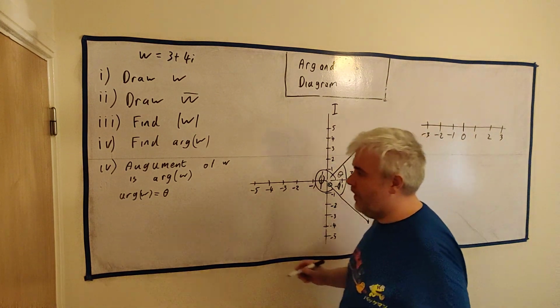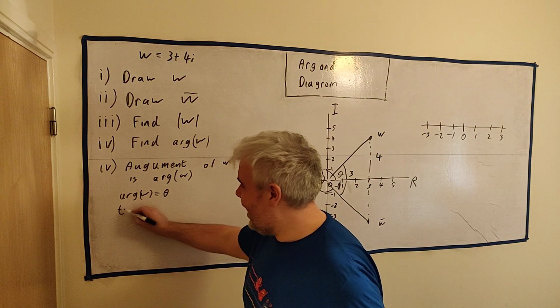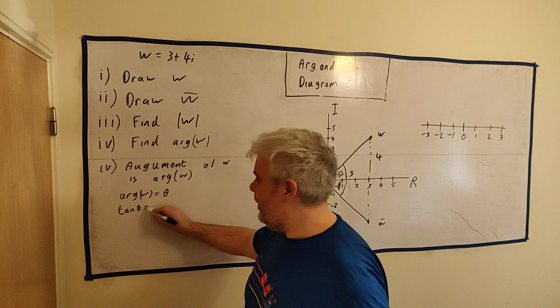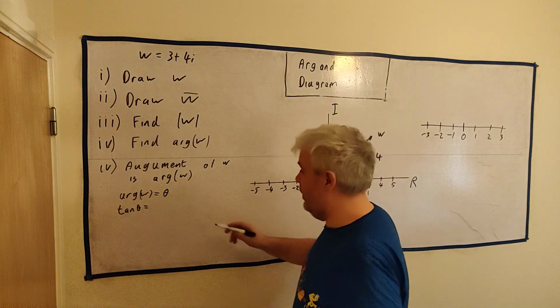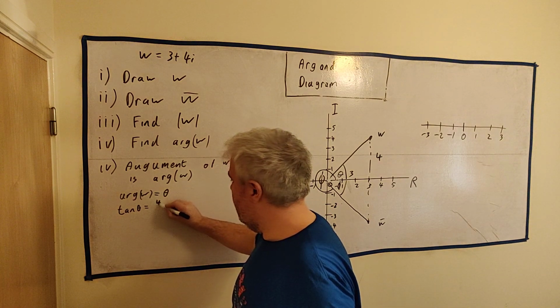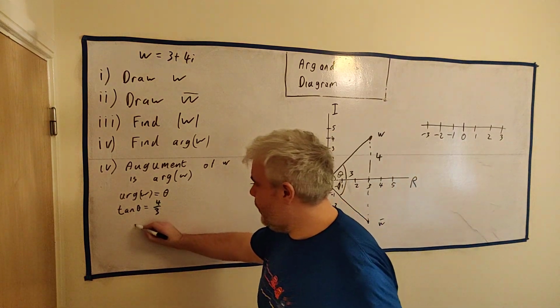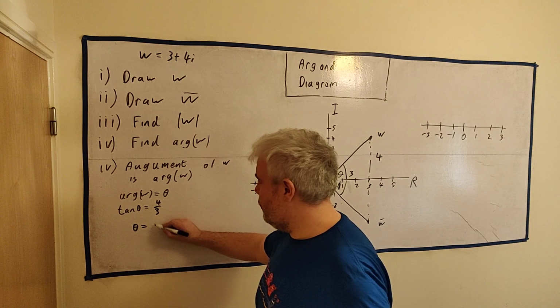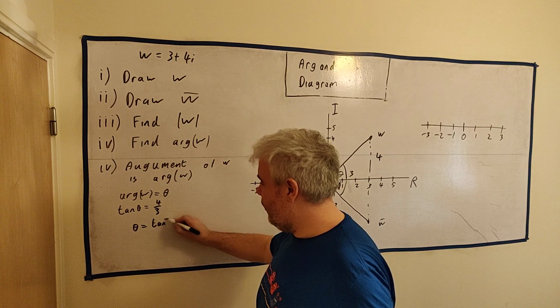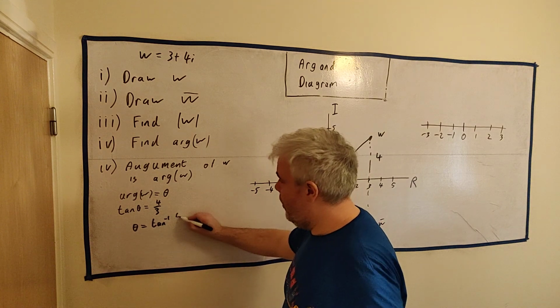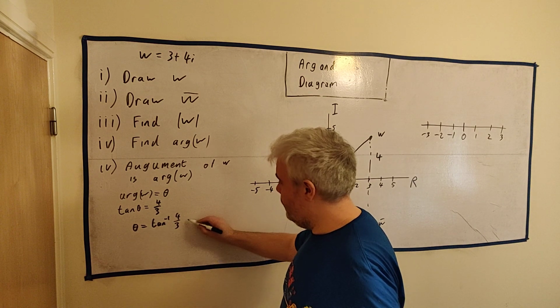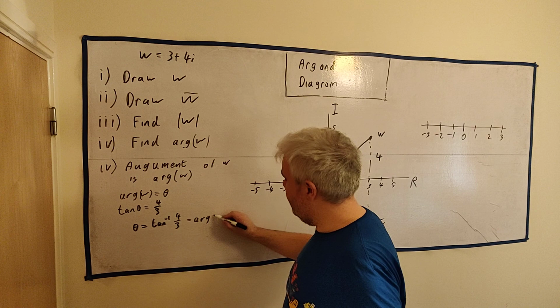So theta here, or let's say tan of theta, is equal to, what is it? It's 4 divided by 3. Or to put it another way, theta is equal to the arctan, or the inverse tan, of 4 over 3, which is equal to the argument of W.